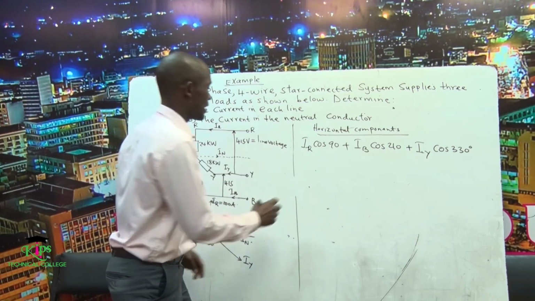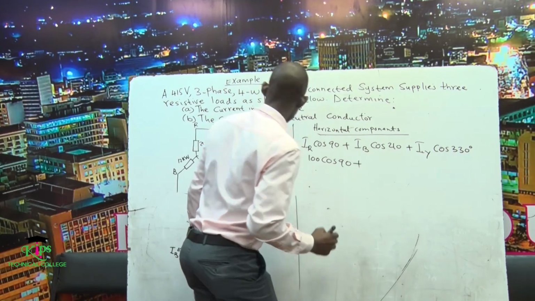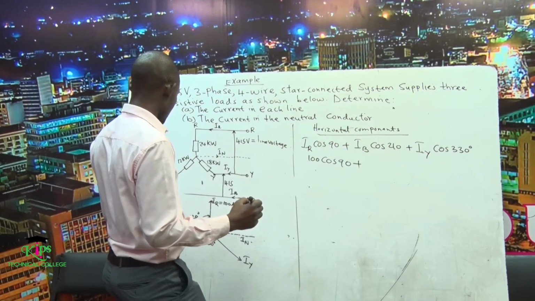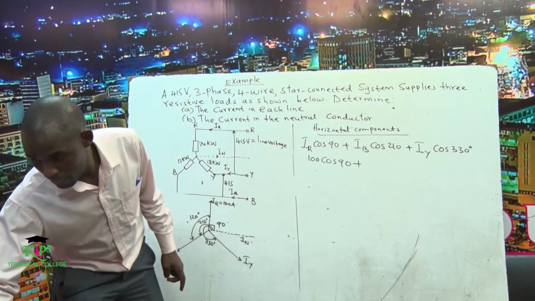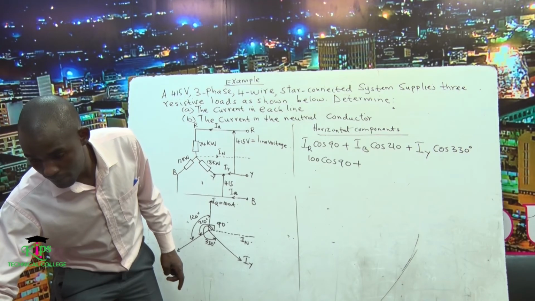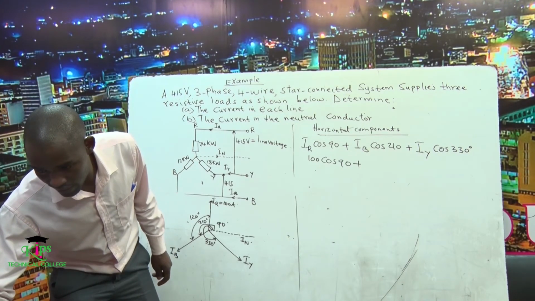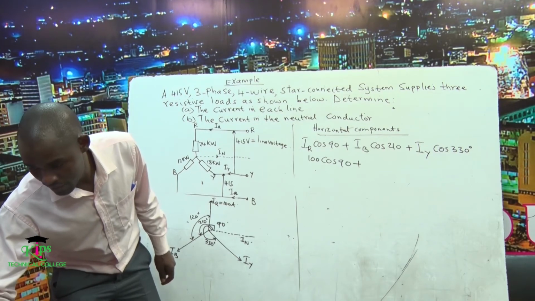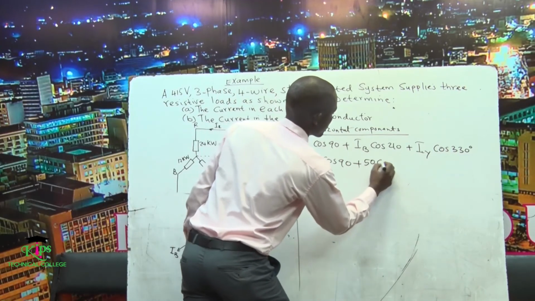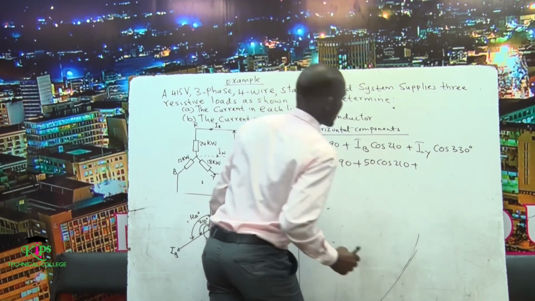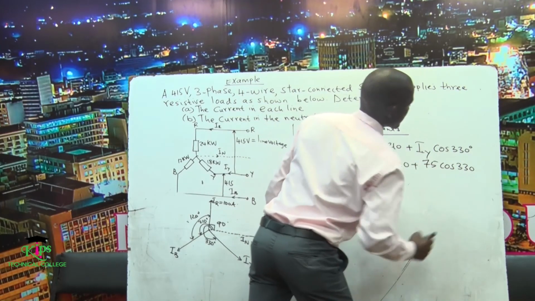So we have IR is 100 cos 90 plus our IB, which was 50 cos 210, plus this other one was 75 cos 330 degrees.